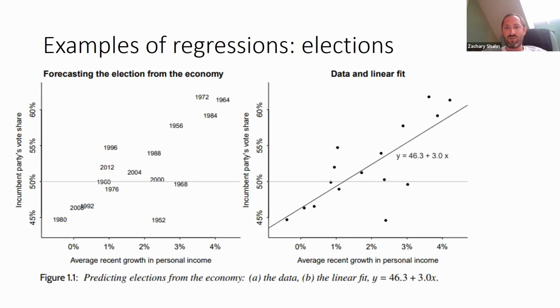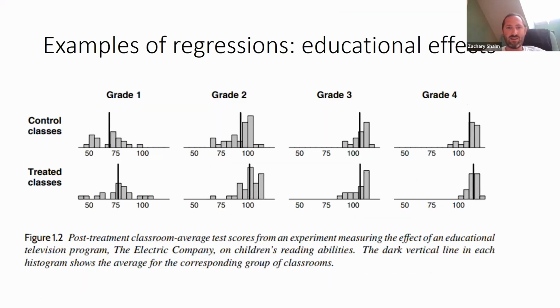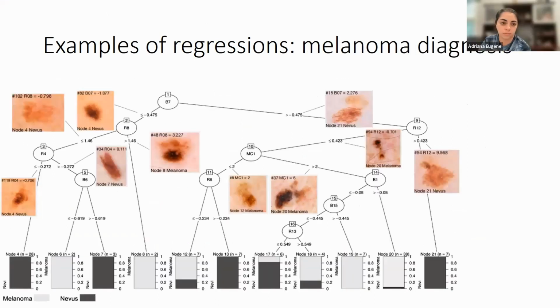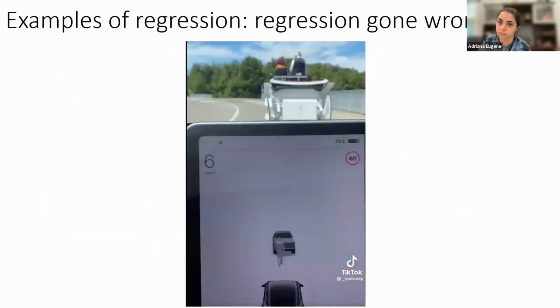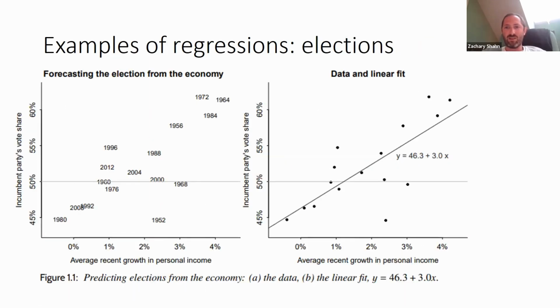I guess which of these regressions that we looked at do you think would be potentially good examples of regressions that might be used for causal inference? So to refresh your memories, there's the penguin flippers, there's the education experiment, there's the personal income and election and incumbent vote share, melanoma diagnosis, and self-driving car, but forget that one. Are there any that you think might be particularly useful for causal inference?